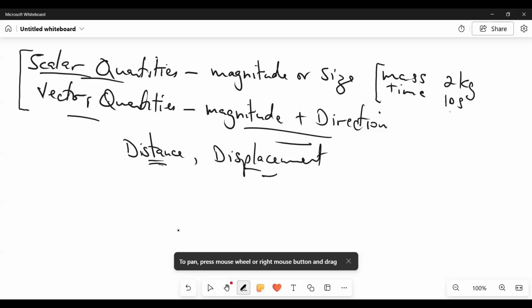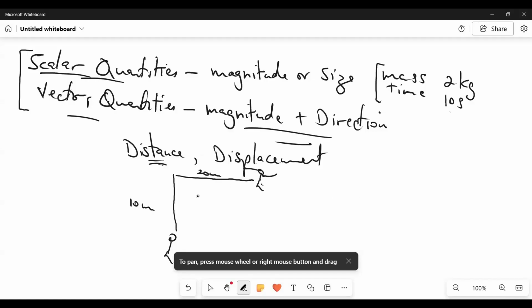Now, let me illustrate it. Let's say you are standing down here, and you're walking on a path going this way. Maybe this is 10 meters. And then you walk here, and this is 20 meters. And you end up here, right?